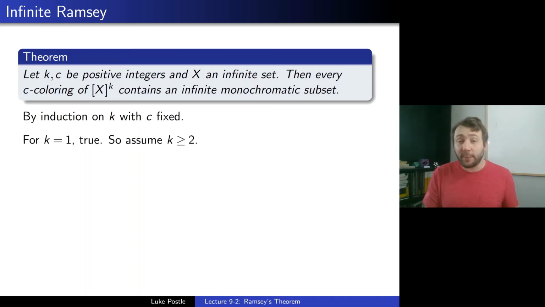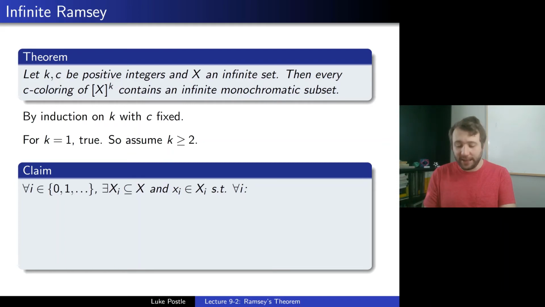But let's actually back up. What about for K equal 1? That's even more true. For K equal 1, you're just taking a C coloring of the vertices of X, of the actual elements. And if they're infinite, certainly by pigeonhole, there is one color class that's infinite. So that's going to be true. So we assume that K is at least 2. And now we continue. How do we continue? Well, we continue much like we would in the Ramsey theorem.